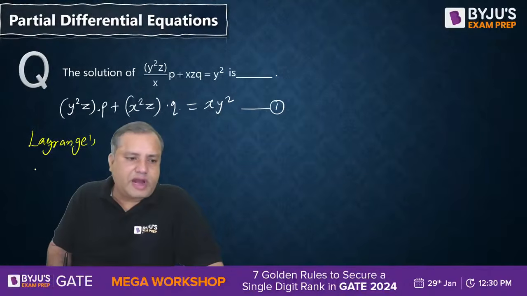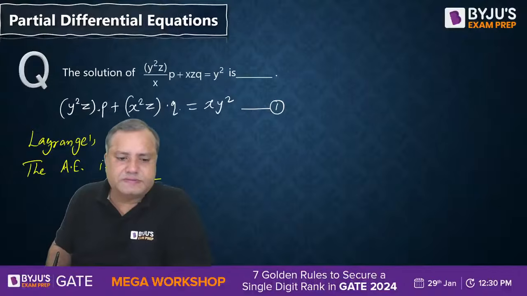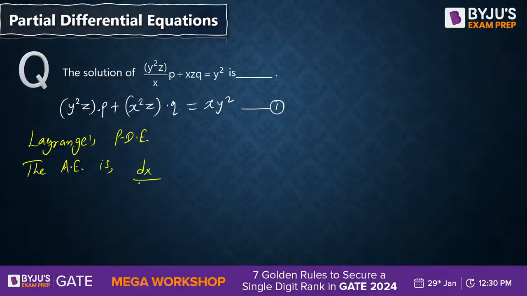So what we will do, we'll write the auxiliary equation now. So what is the format for auxiliary equation? Tell me, students. dx by P, dy by Q, and dz by R. Okay, yes sir.